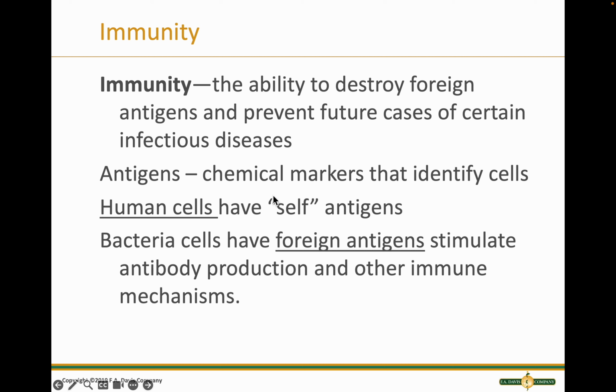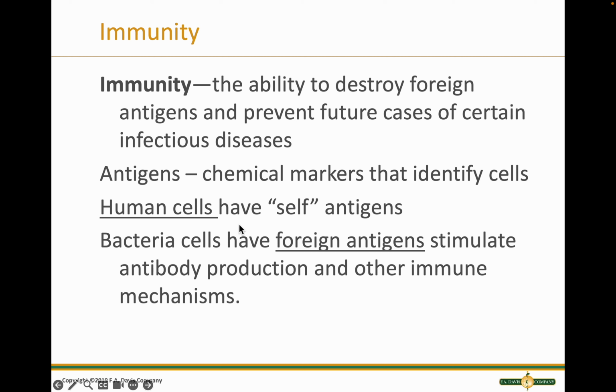Your body cells have antigens as well. They're known as self-antigens. And as an extra piece of information that we did talk about in class, but won't be on the exam, when the body starts attacking your own antigens, so your own cells, that's known as an autoimmune disease.